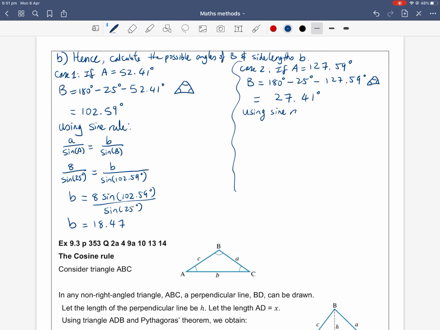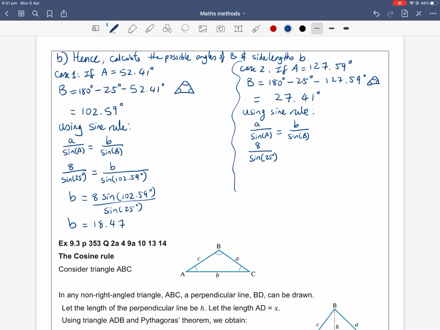Again, using similar reasoning, we need to use a sine rule to work out side length B because it's not a right angle triangle. So using sine rule, default formula, A on sine A equals B on sine B. Again, it really doesn't matter which sides and angles you use, as long as you use the corresponding sides and angles.